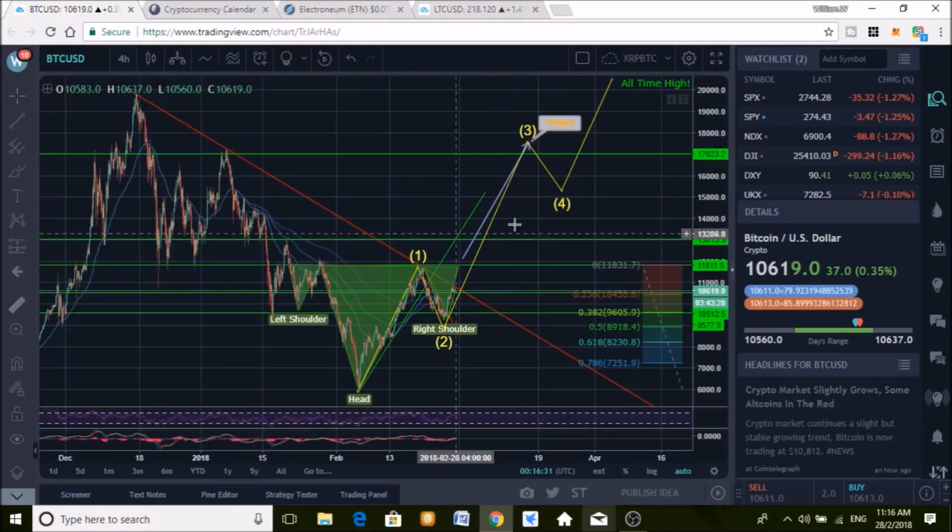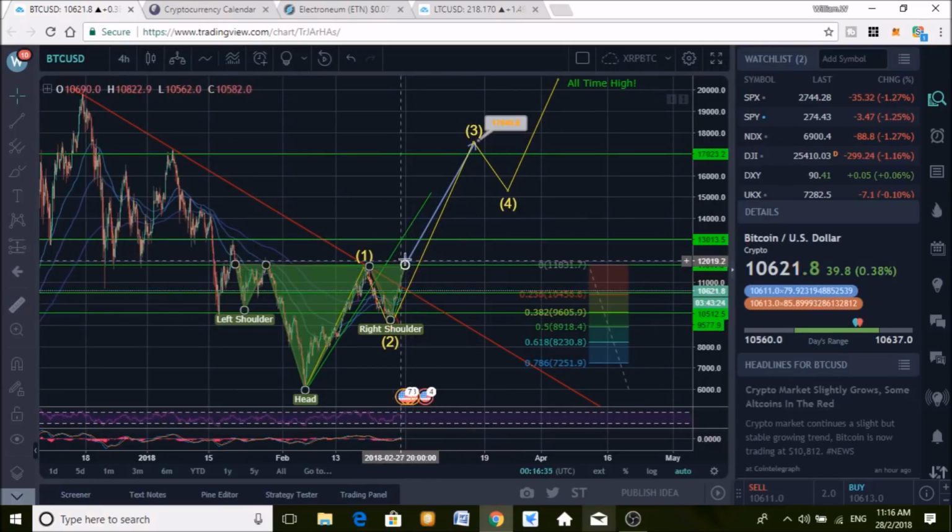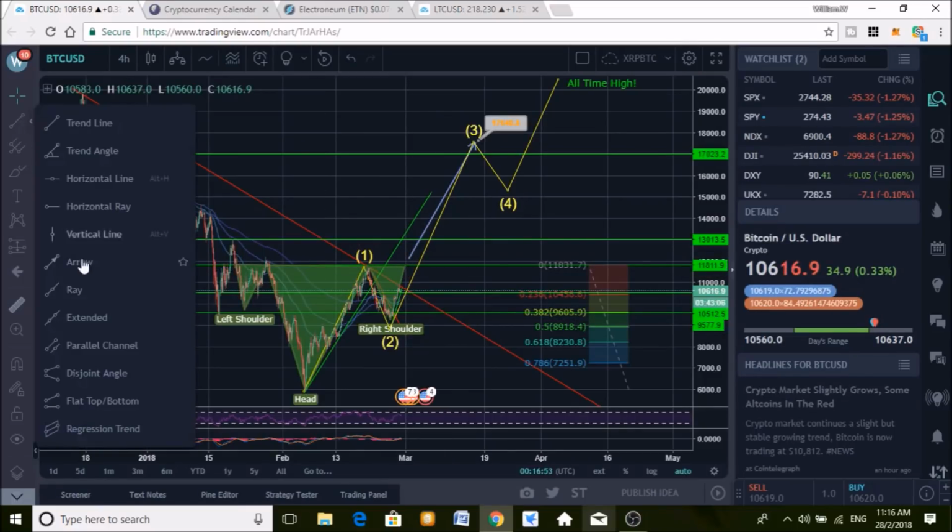And of course, the two scenarios I gave out were: if we do break out this neckline, then with the inverse head and shoulder formation, we have a chance to have upside to around $17,640. And if we do not break out the downtrend line, we're going to have another leg down.